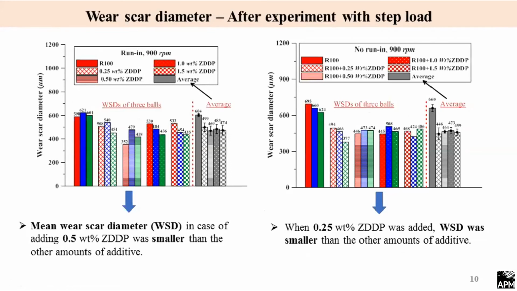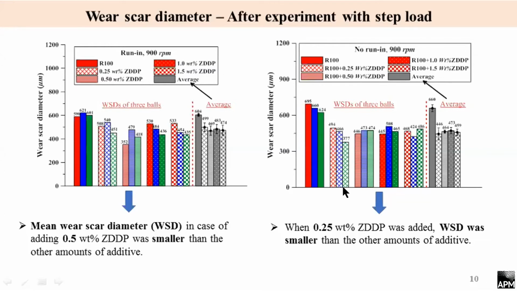After the test with step load, we also measure the wear scar diameter on the 3 stationary balls, and we take the average value for the wear scar diameter. In the case of running-in process, the wear scar diameter when we add 0.5 weight percentage of ZDDP is smaller than the other tests with ZDDP.